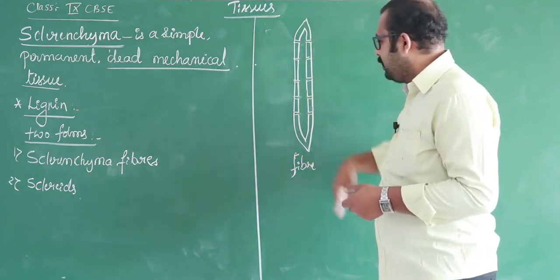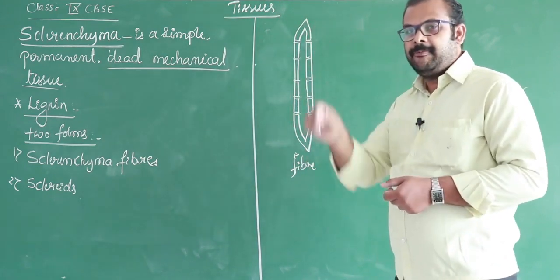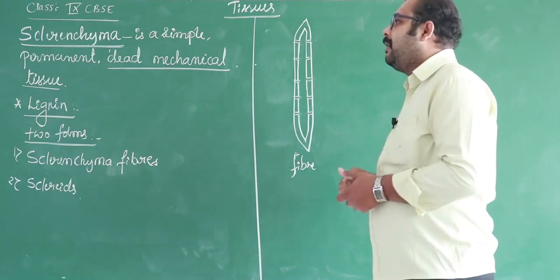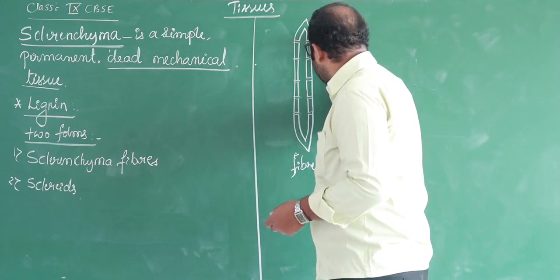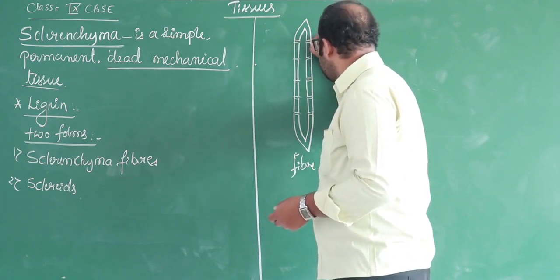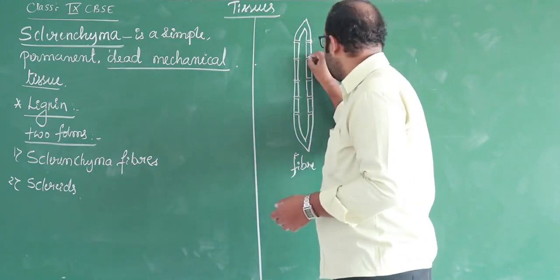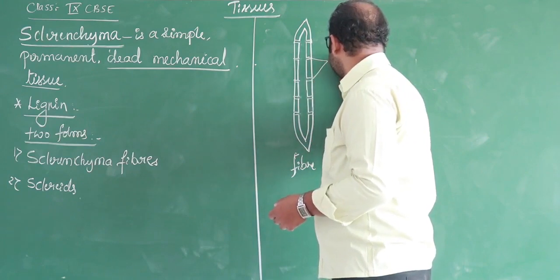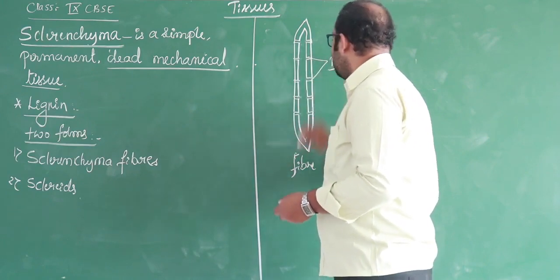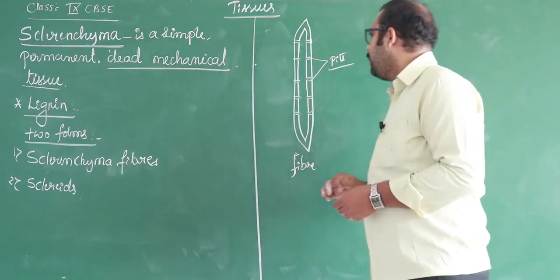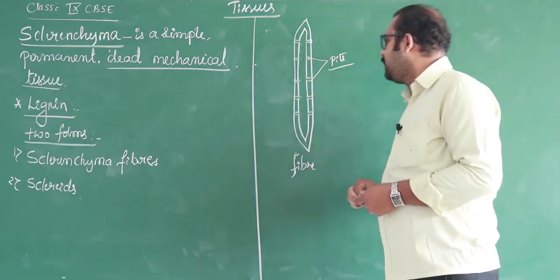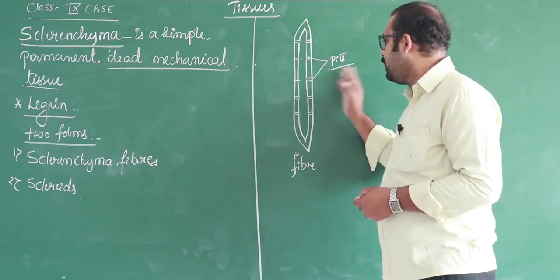Like that, the deposition of lignin on the wall forms small uneven thickenings, and these form small holes or spaces. These are called pits, through which they can make connection with other neighboring cells.